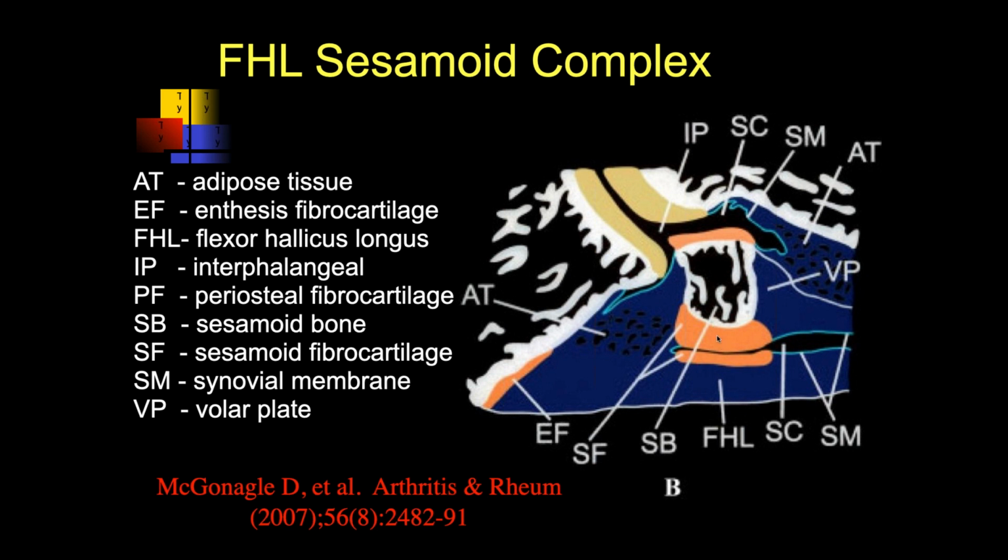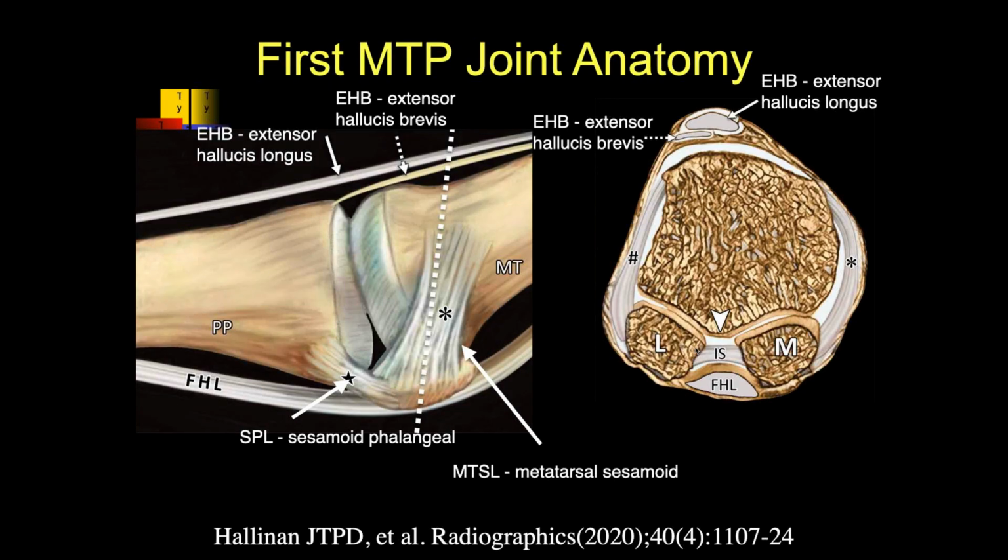Right around the sesamoid, you'll have cartilage on the tendon to allow smoother gliding through here without friction. And then distally here we have a fibrocartilage, and then we can see the joint space here, the phalanx of the metatarsal head, and so forth. We'll talk more about these later.